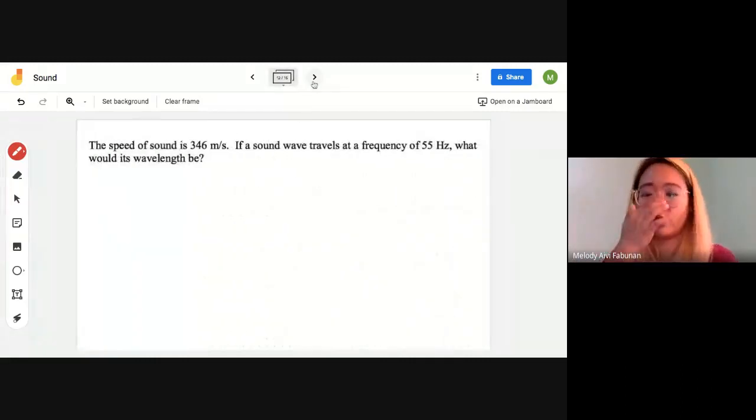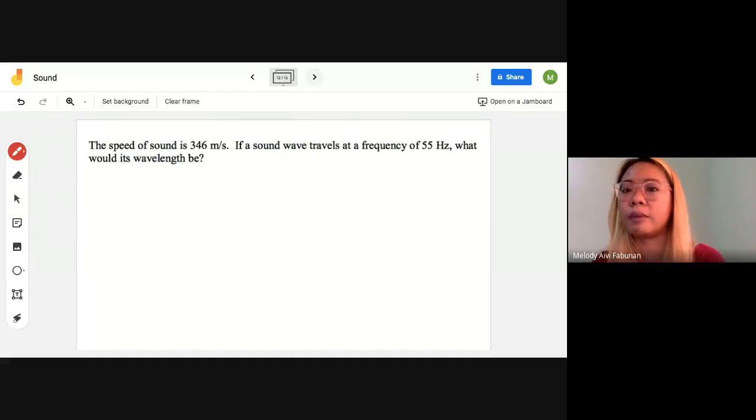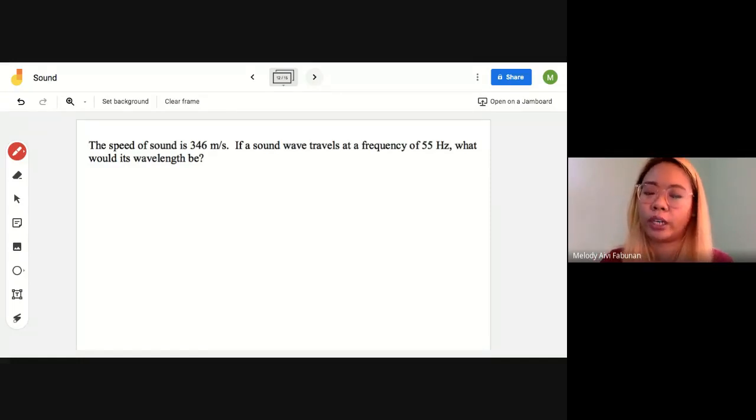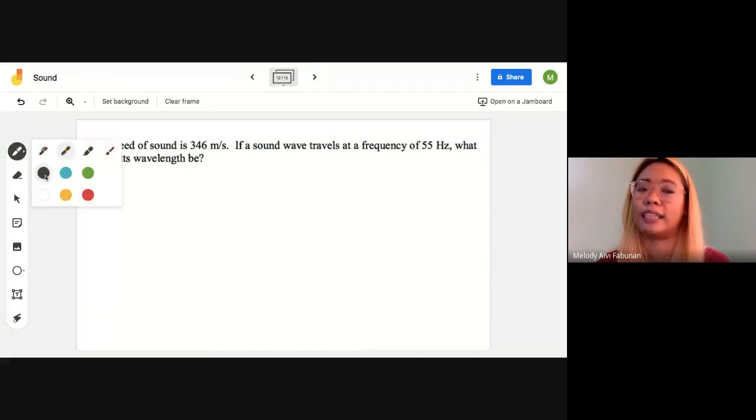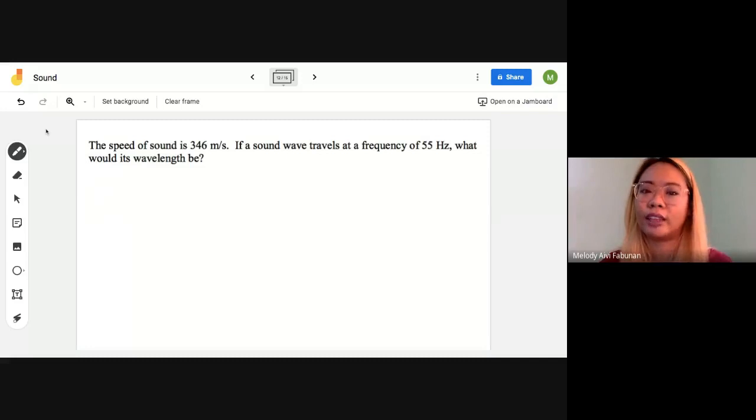Okay, let's continue. The second problem here, the speed of sound is 346 meters per second. So given naman yung kanyang speed. If a sound wave travels at a frequency of 55 hertz, what would its wavelength be? So in order to answer this problem, please go back to your triangle, or if you have taken note of the equations given.